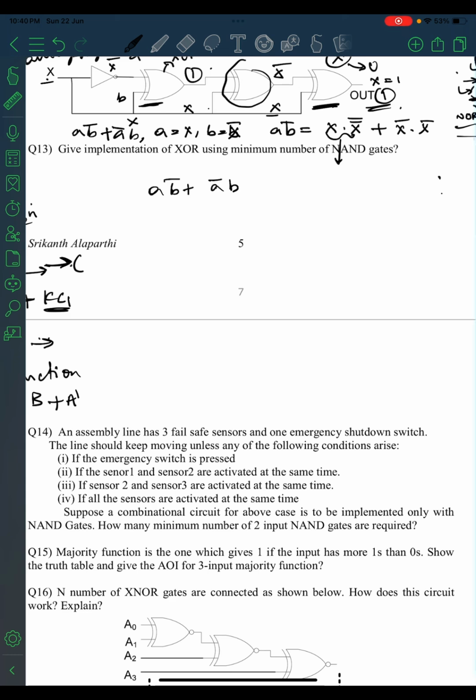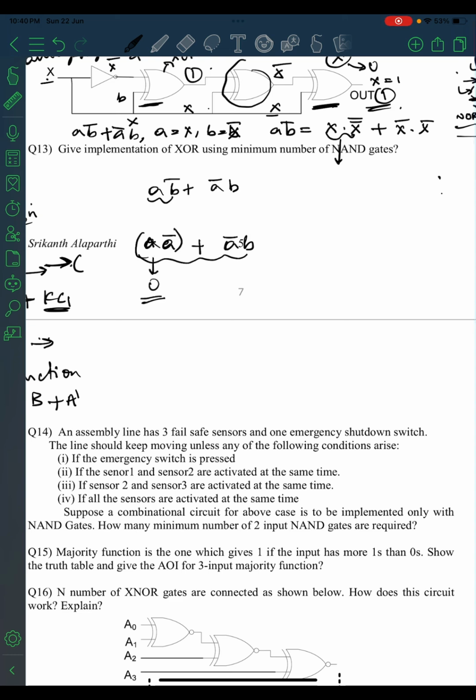Here it can be represented as, if you think this one, add A A bar plus A bar B. If you look into this thing, if you add this, basically this term is equal to 0, right?